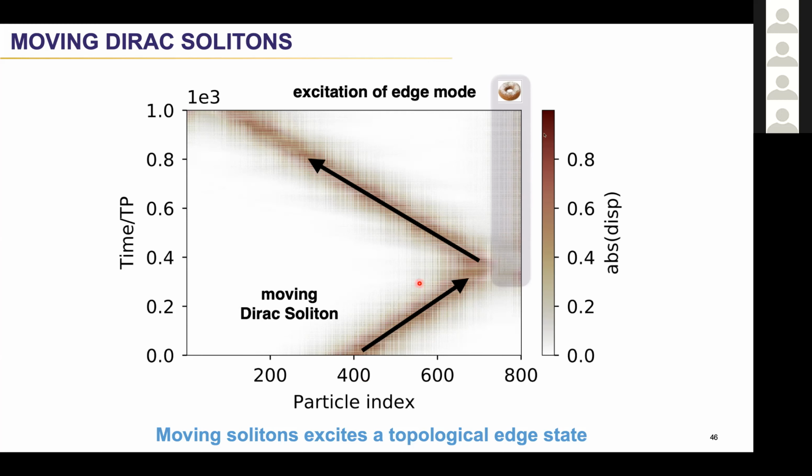This is purely because of nonlinearity, which we utilize to couple the bulk Dirac soliton to an edge state and remotely excite the edge state. This is a very interesting aspect we analyzed recently.